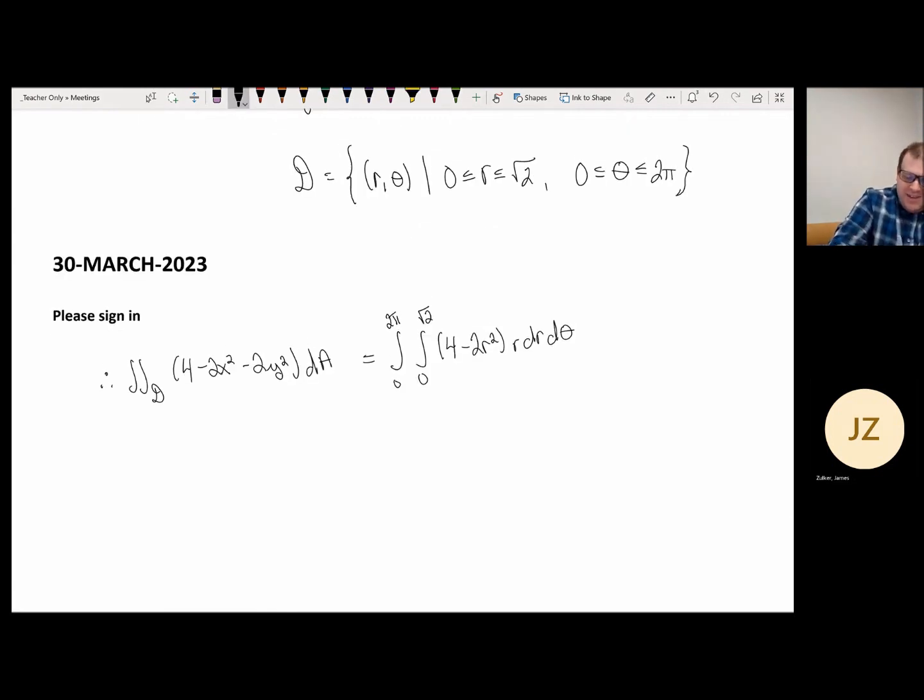I'm going to go ahead and factor out a 2, and at the same time integrate with respect to theta, because there's no theta in the integrand, and r does not depend on theta.